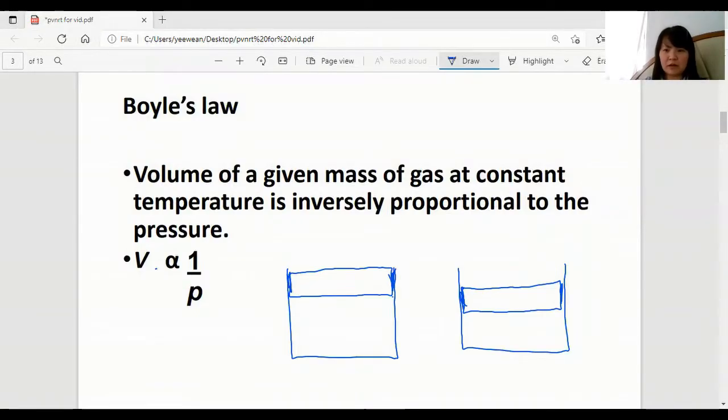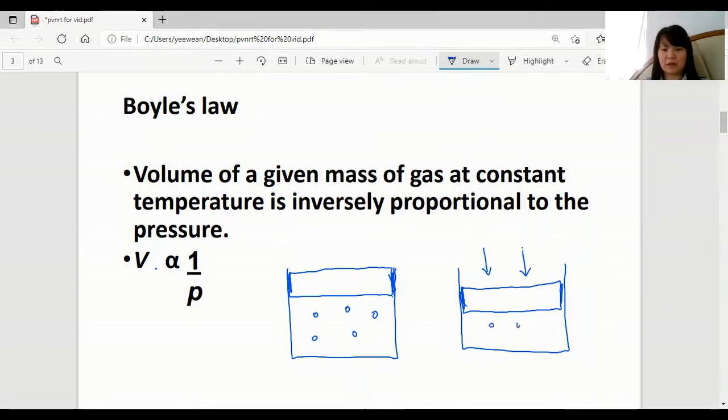According to Boyle's law, for an ideal gas, its volume is inversely proportional to its pressure if we do this at the same temperature, so constant temperature. Let's say I have some gas in here. This is at first, and I keep the temperature the same, and I push this down.